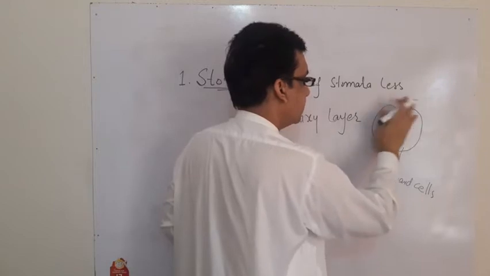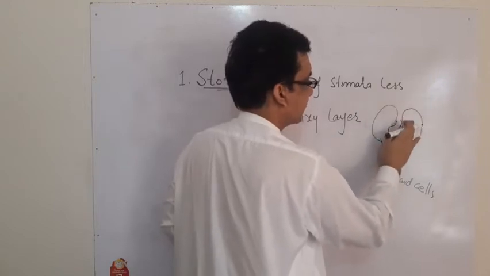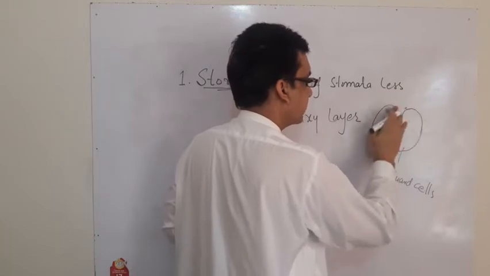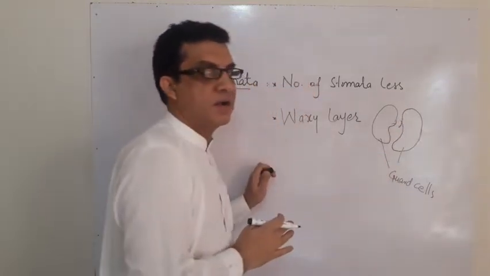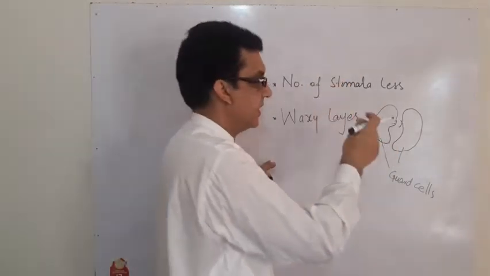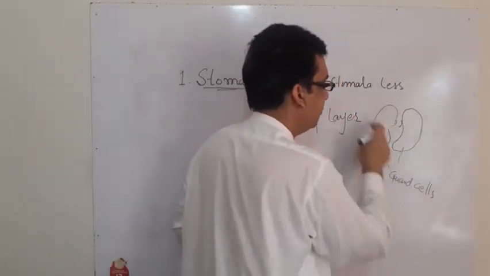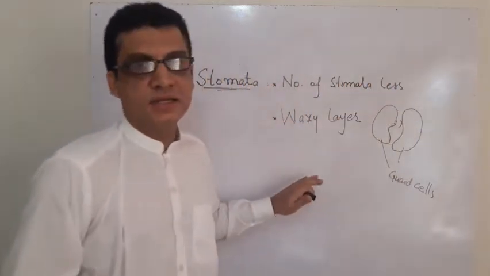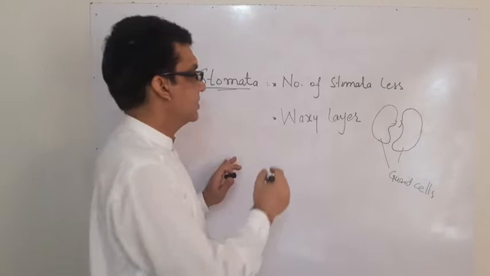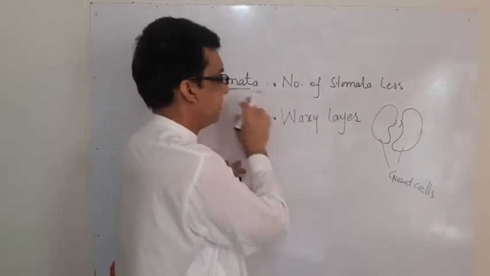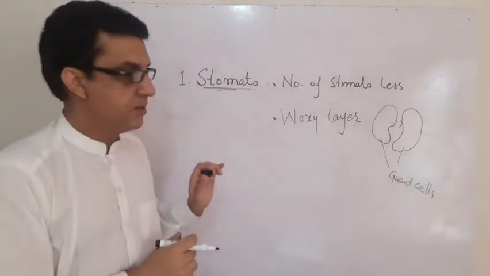So around this guard cell, or on the upper surface of this guard cell, there is a waxy layer. It decreases the transpiration, and this area becomes humid. And if this is humid, there will be less transpiration. So the second character with respect to stomata is the waxy layer.